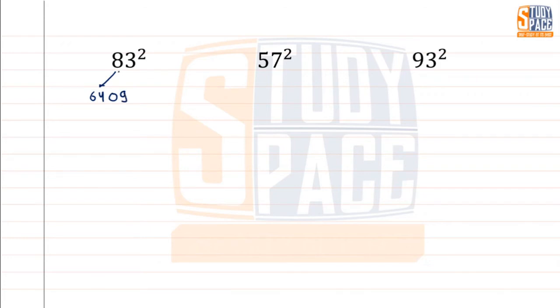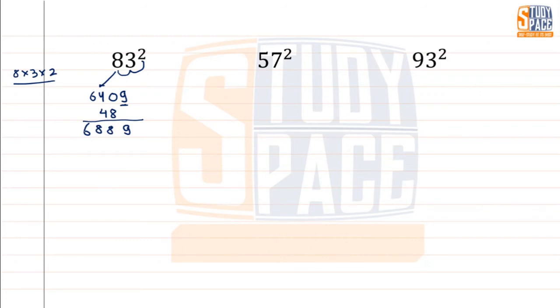Then you have to multiply these digits, means 8 into 3 into 2. 8 threes are 24, 2 times is 48. 48 will be written by leaving the first place. If you write it by leaving the first place, then only you'll get the correct answer. This is the trick. Now we just have to add it. So it will be 6889, and here is your answer. I hope you all like this trick.